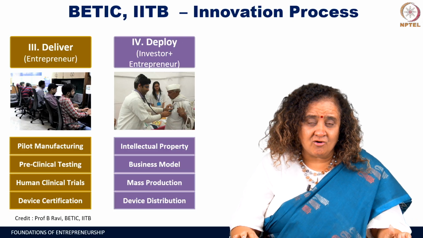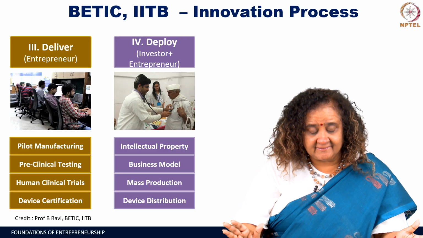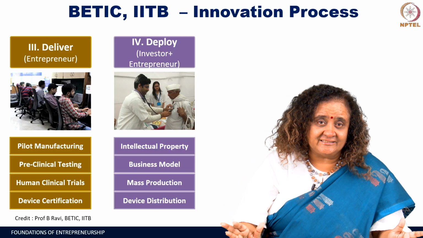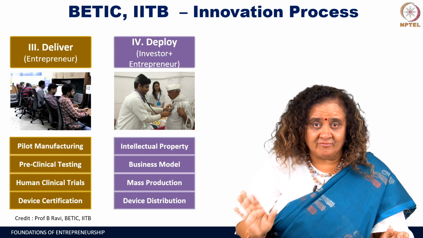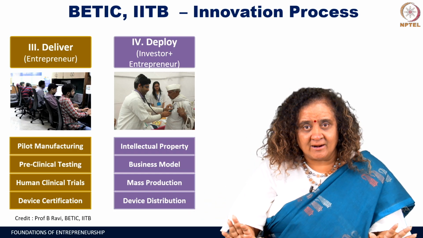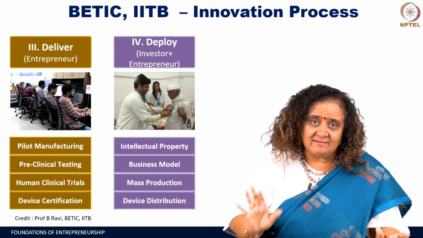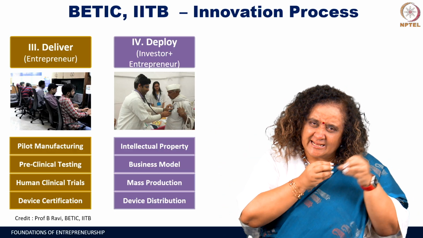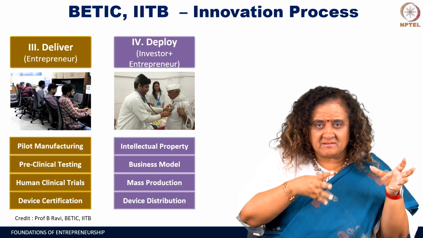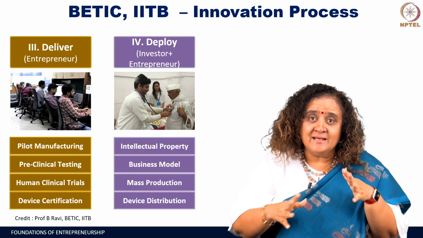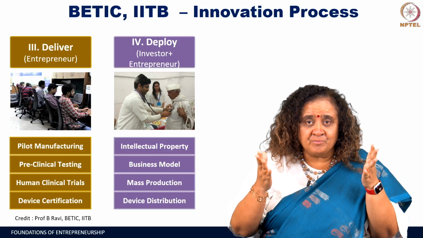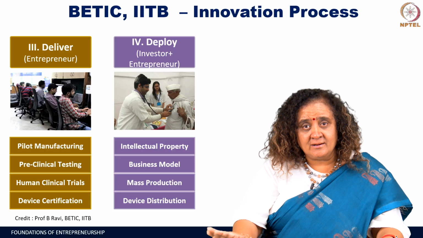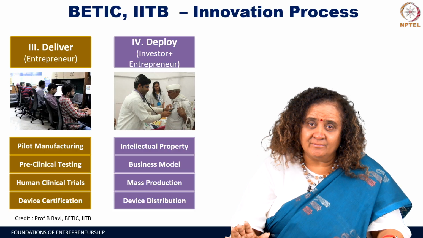We also need to make sure that the product that we have developed, in this case a medical device, has been distributed and is available. Distribution can be done virtually or physically, and while that is part of go to market, it is important to know at this stage of deployment, where you take your small test market, where you have maybe sold 3 pieces, 5 pieces, or 10 pieces, and now move to mass manufacturing and full scale distribution, and are able to have a business model which is sustainable in terms of making money.